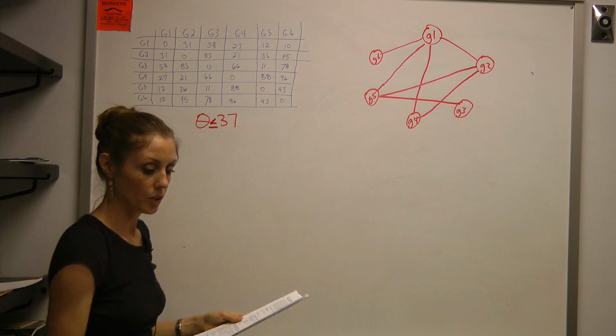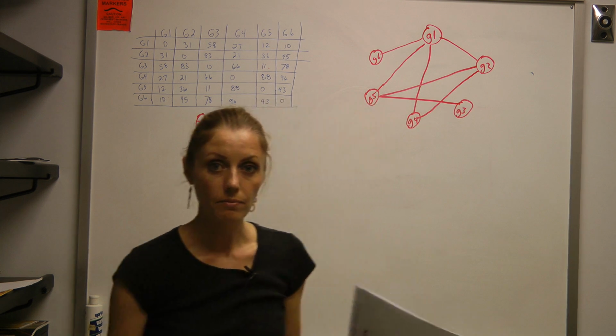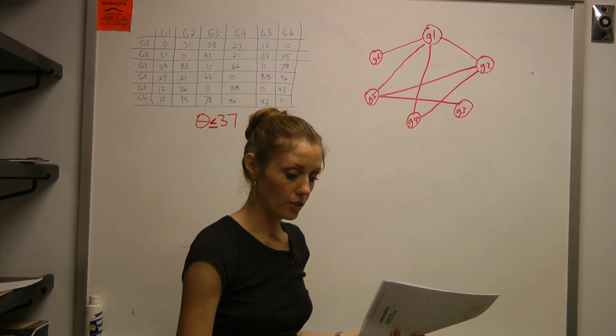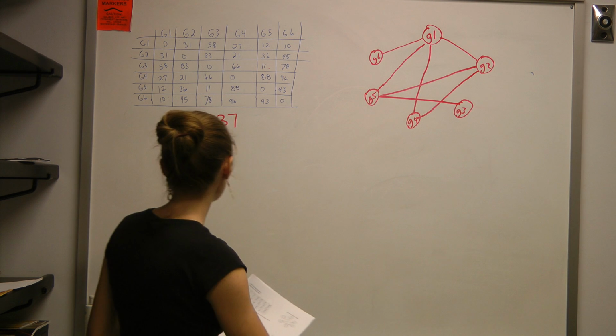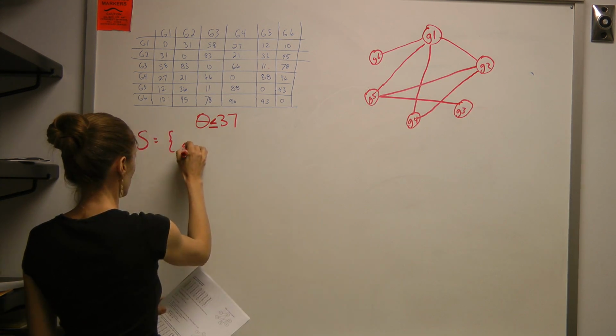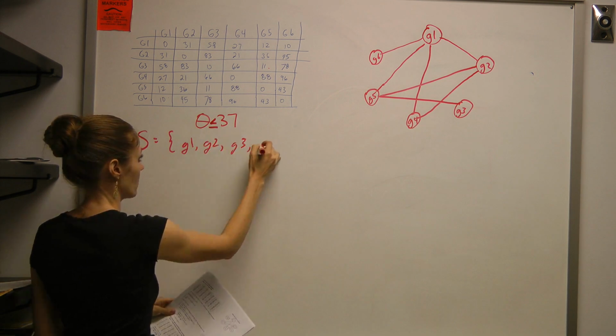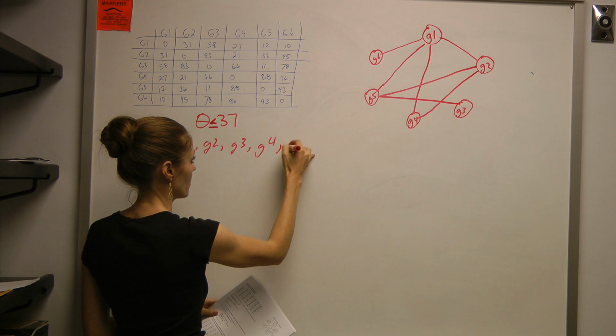And if you look at the first step of the CAST algorithm, it says to set your S. So S is just your vertices, so I'm just putting my genes here.